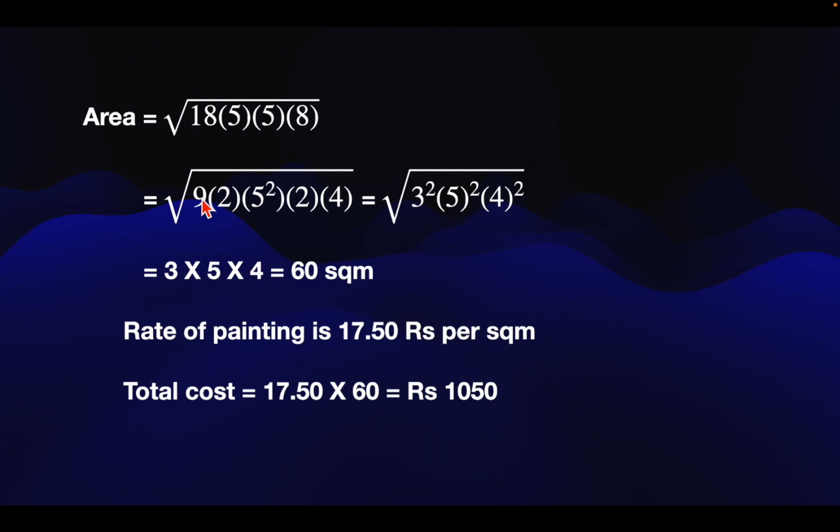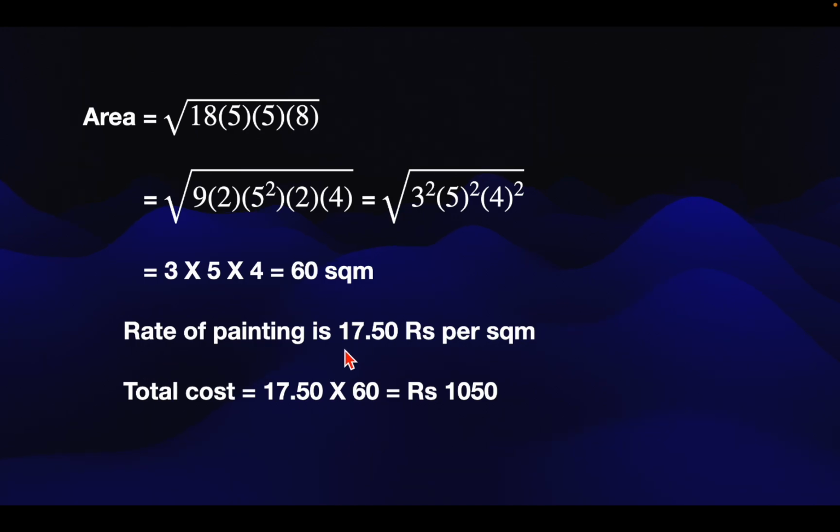Okay, so 9 we know is 3 square. So we'll leave it as it is. So 2 here, 2 into 2. 8 we are writing as 4 into 2. So 4 square. So here it is 3 square into 5 square into 4 square. So square root will be 3 into 5 into 4 is equal to 60 square meters.